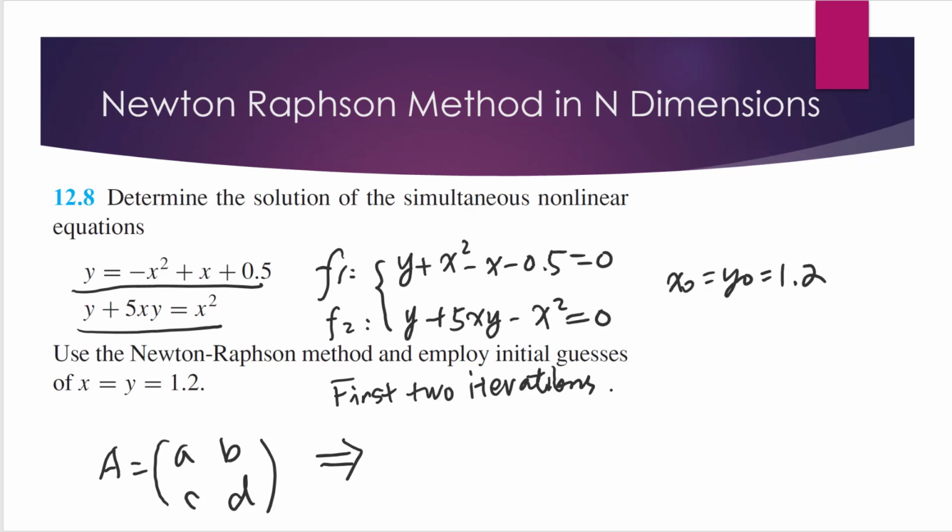The inverse of matrix A equals the matrix [d, minus b; minus c, a] divided by a constant, and this constant is the determinant of A. Using this formula, we can find the Jacobian inverse and then evaluate it at the point x0, y0.